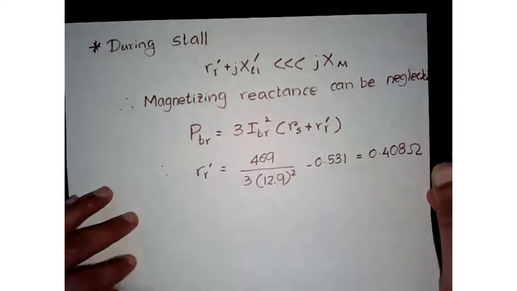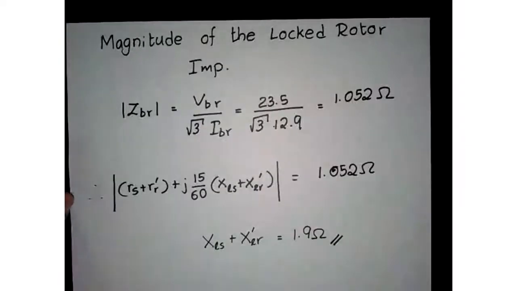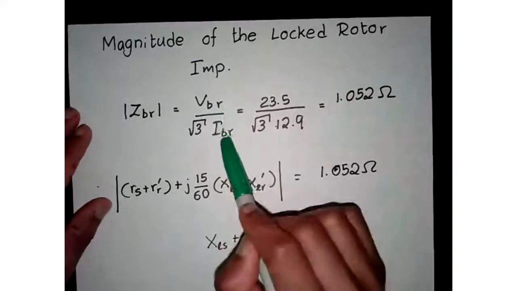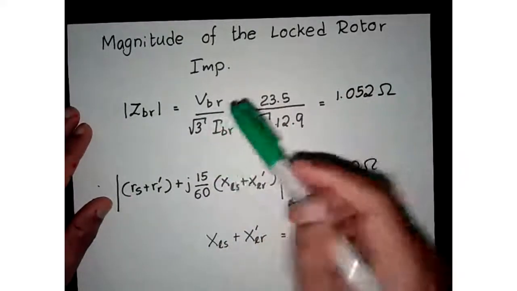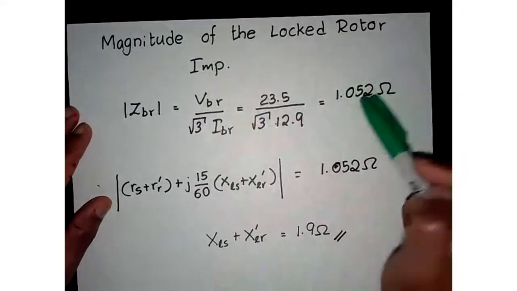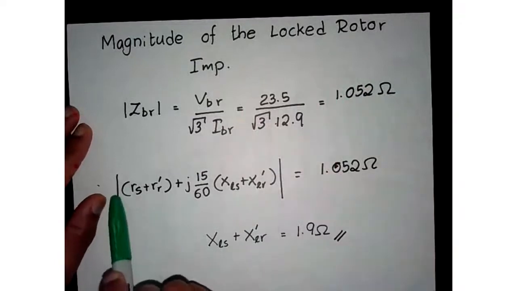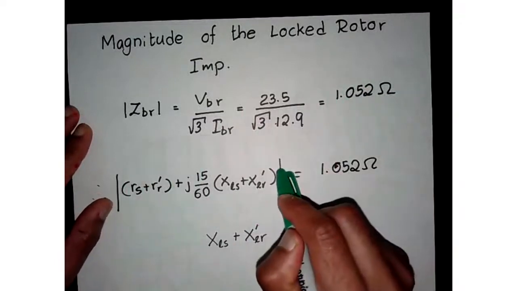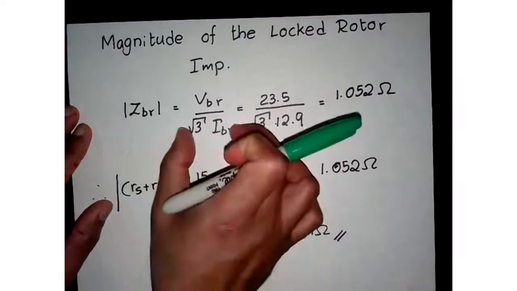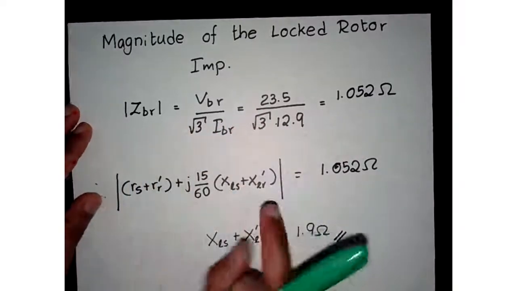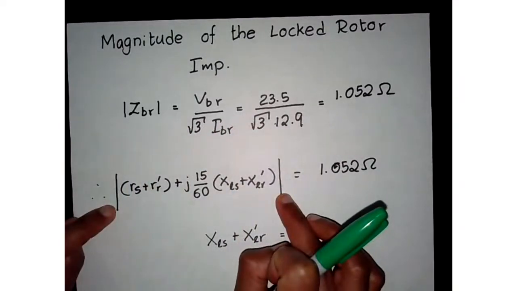Okay, so we have our RR prime, and then very simple test. Since we know VBR, we know IBR, the voltage applied, and the frequency that we applied, now we can find the magnitude of the total based on the measured values as well as the theoretical values based on the circuit, right?